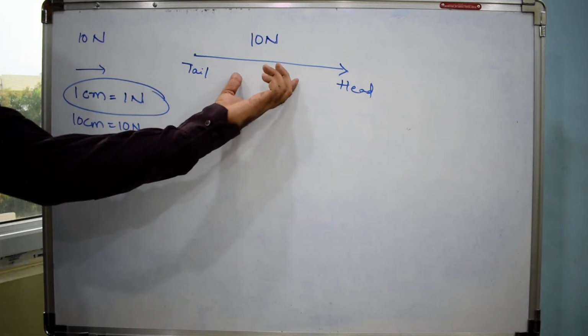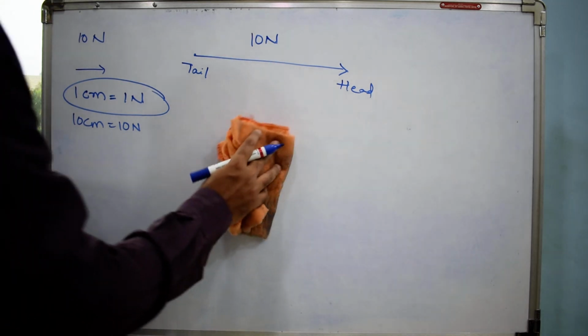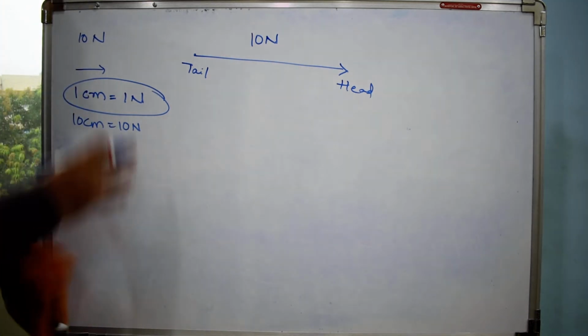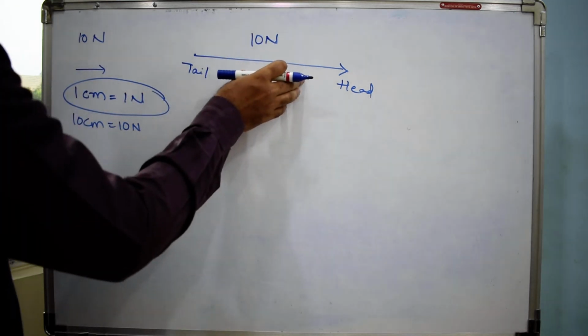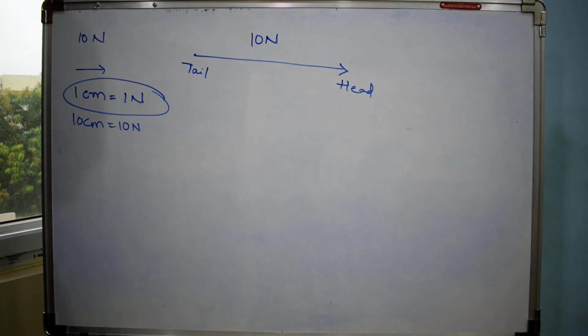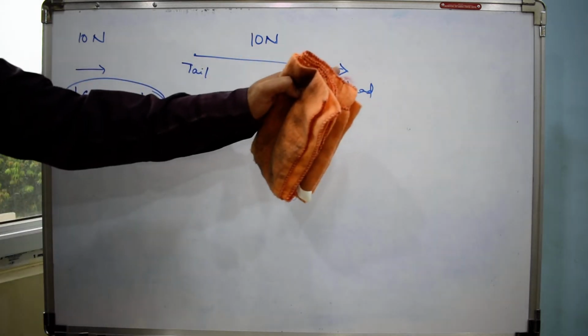But actually this is not 10 centimeters, it will definitely be greater than that. It is just a rough diagram. This is what we mean by the length of the vector being equal to the magnitude of that particular vector. So this is the way of representation of a vector.